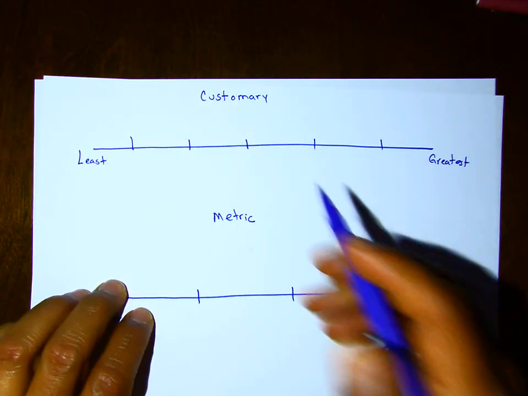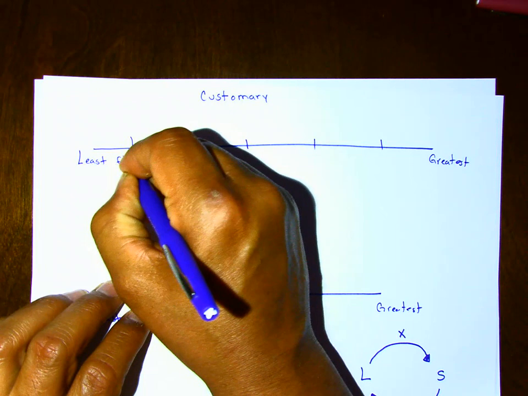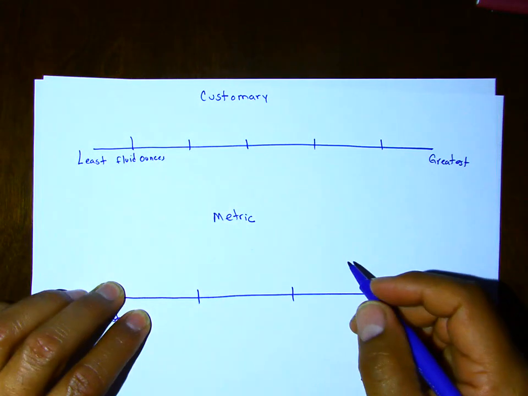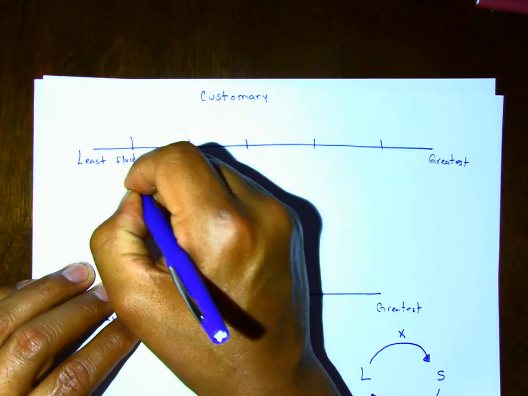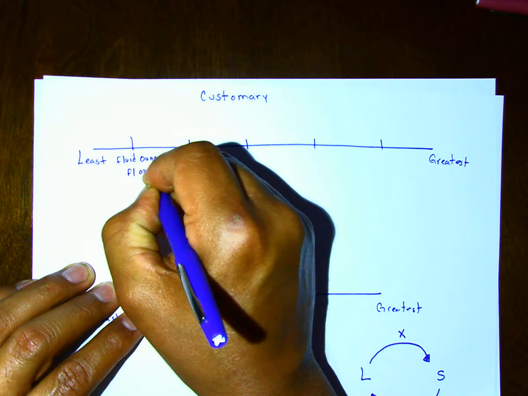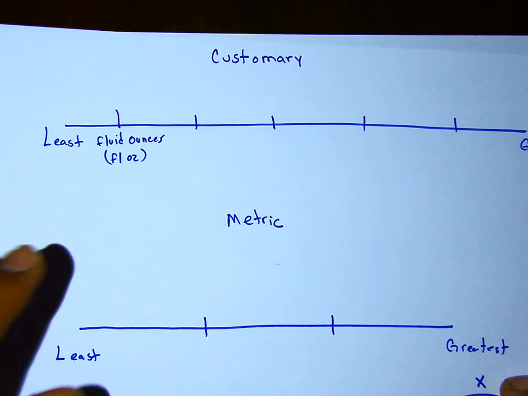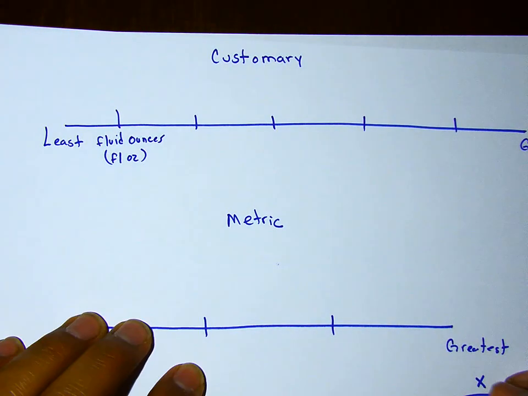our smallest one would be fluid ounces. And we abbreviate that with fluid ounces. This would be about 2 tablespoons.